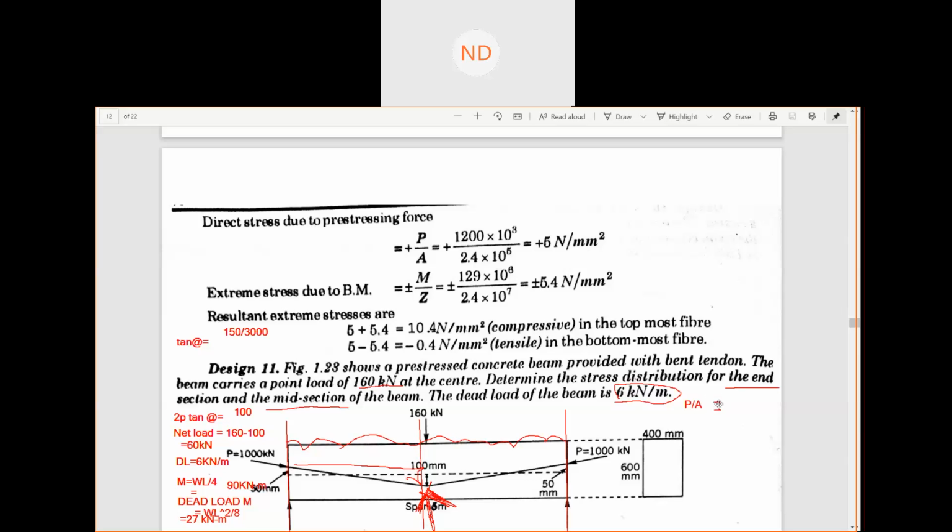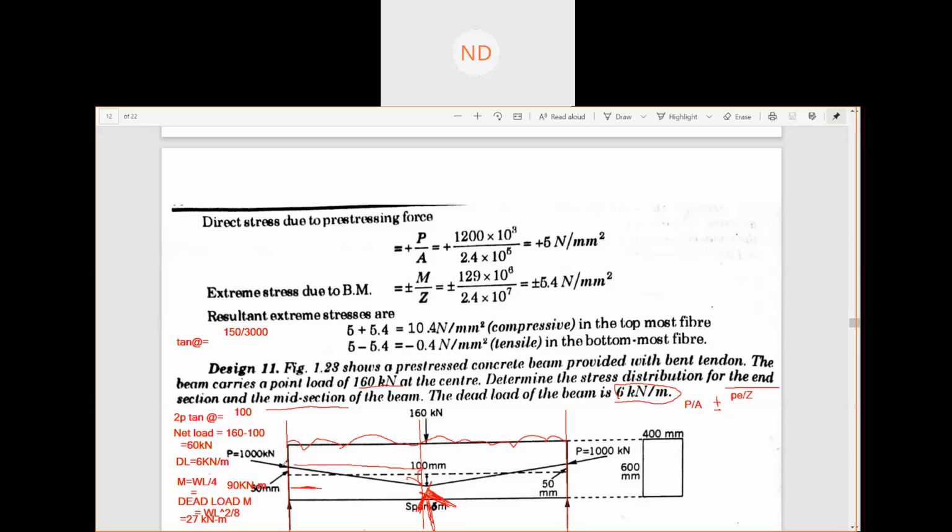Now for the stress due to eccentricity, it is plus minus PE by Z. In the previous questions we were using minus plus PE by Z, because our CG was here and the eccentricity of the tendon was below the CG.